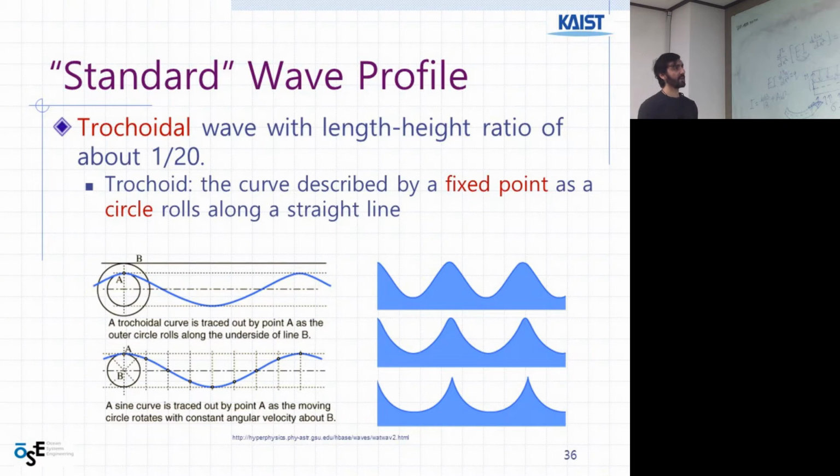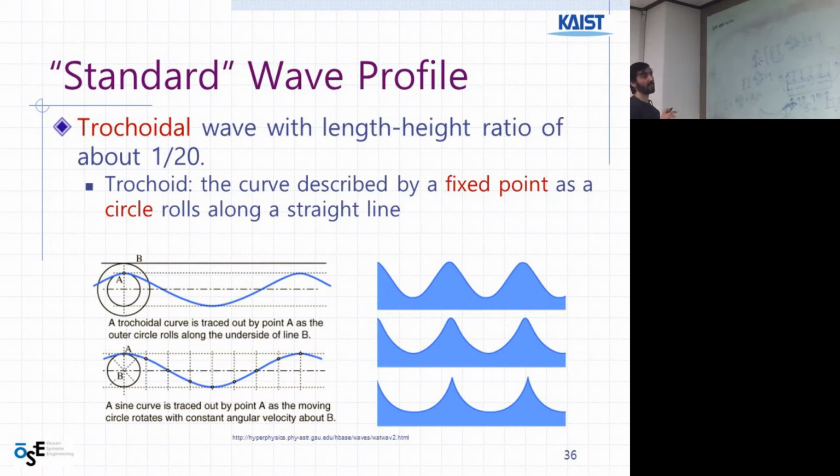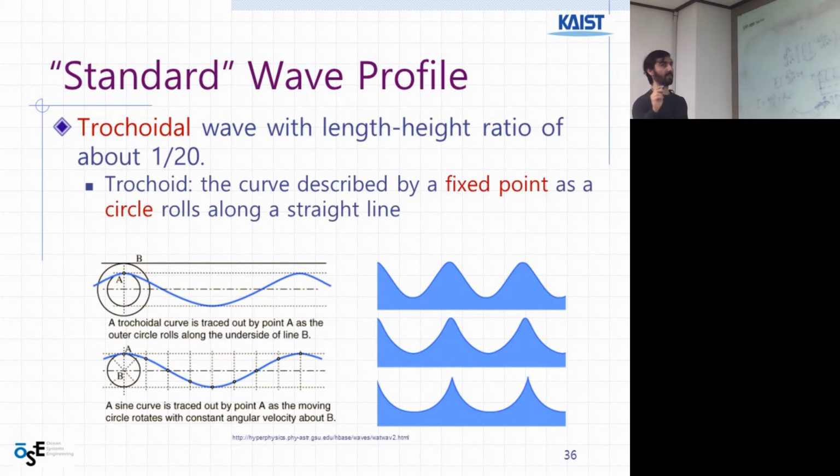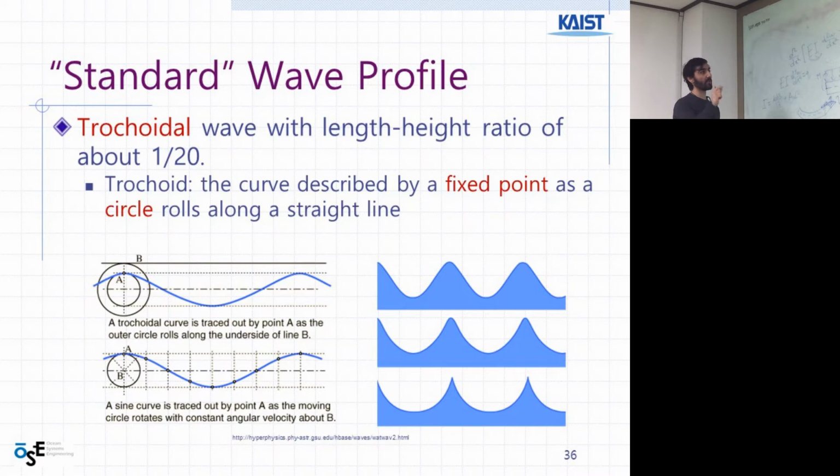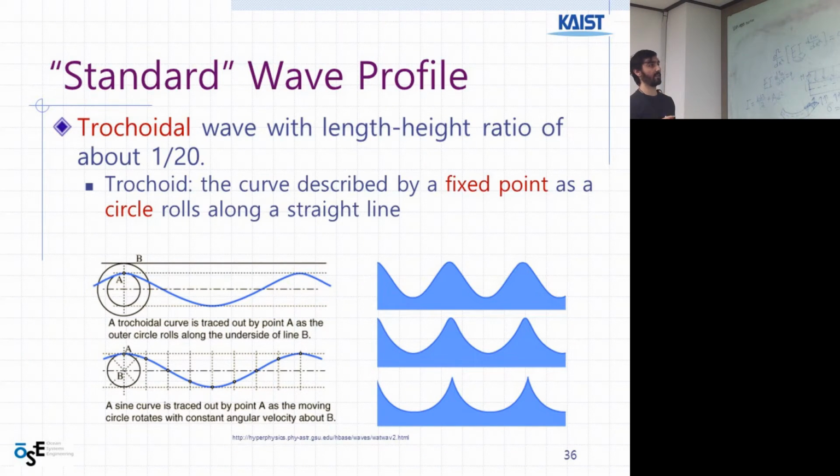The definition of a trochoid comes from the circle. A trochoid is a shape described when a point on a circle follows a curve as the circle itself is rolling along a line.